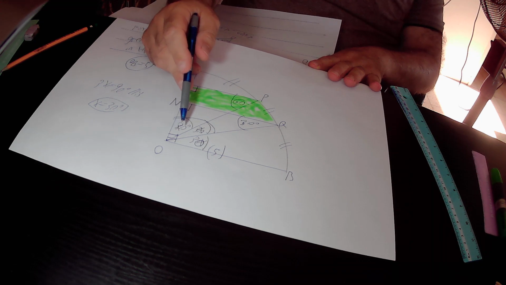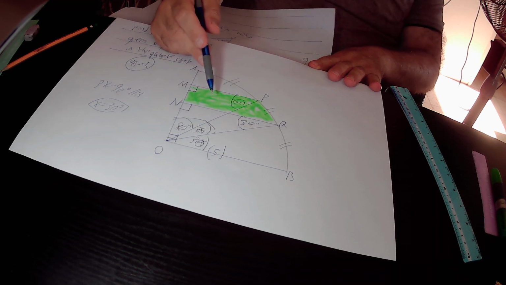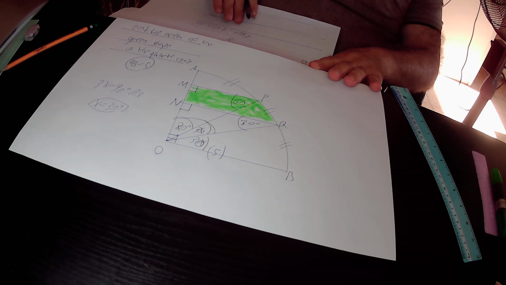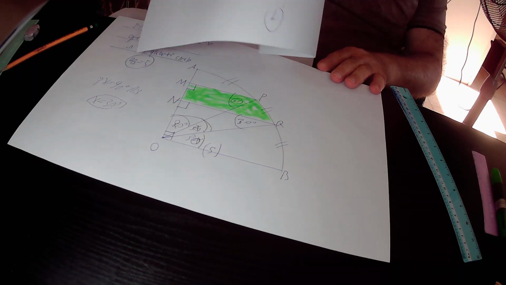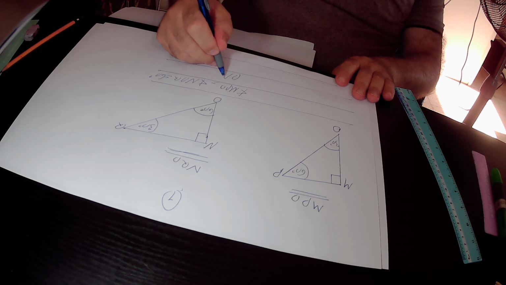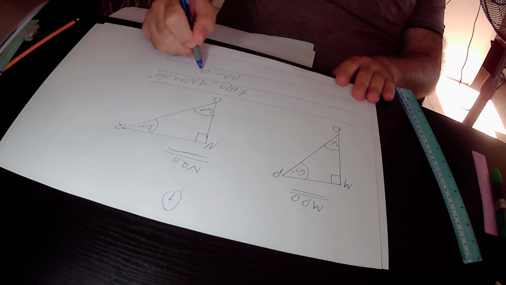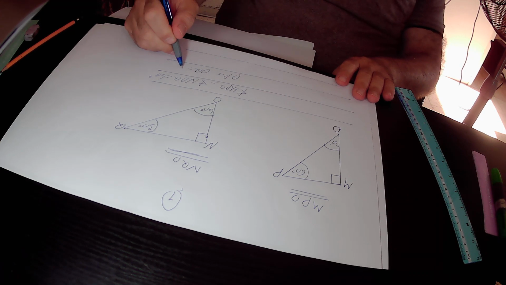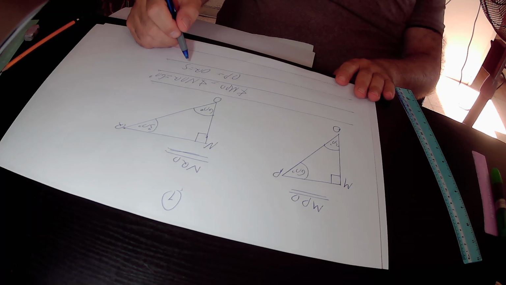So I write it down: OP equals OQ equals 5, because the radius of the circle is equal to 5 units according to what is given in the question.